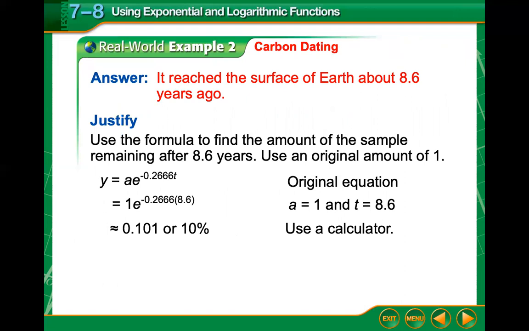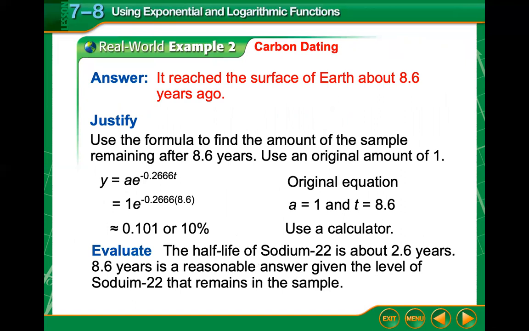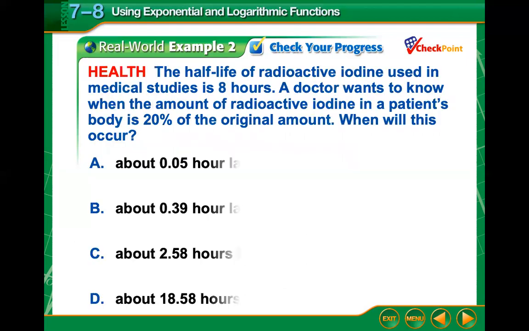You can, of course, plug in 8.6 and see what you get, and you get about 10%. All right, go ahead and try this problem. Pause the video to give yourself a chance. You should get D, about 18.58 hours later.